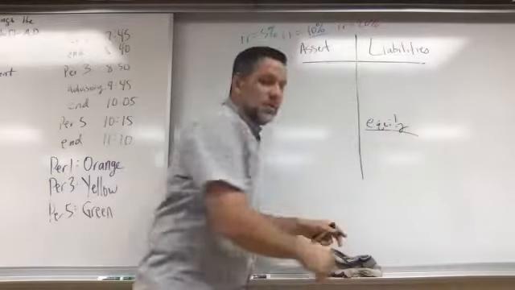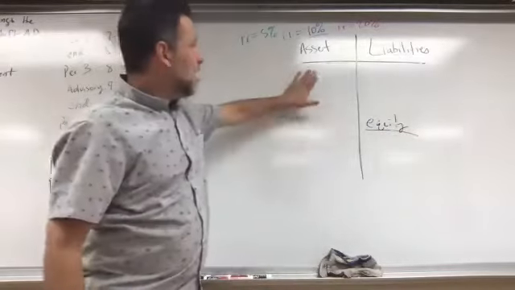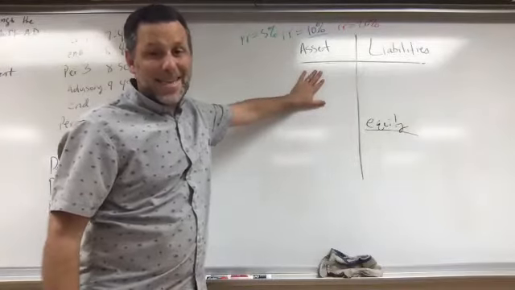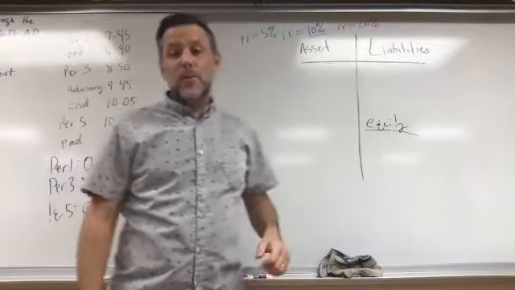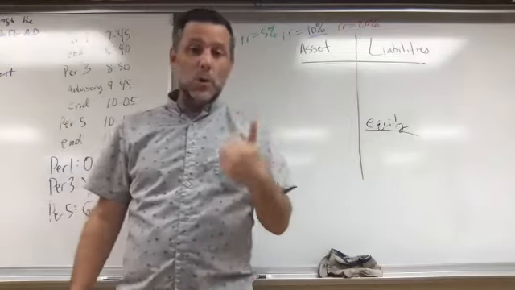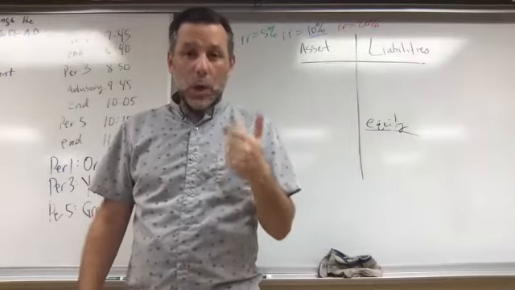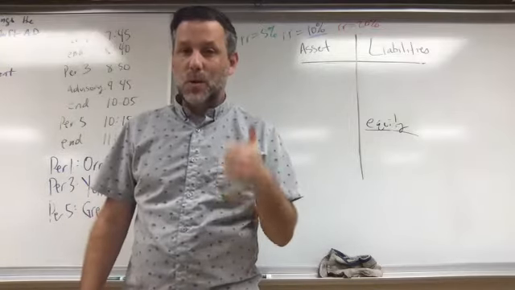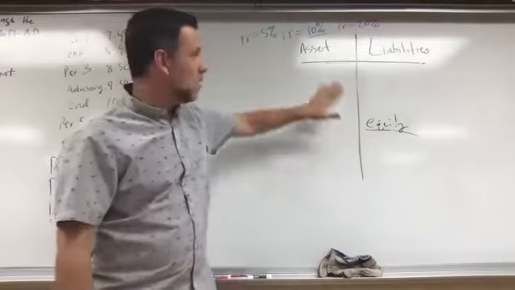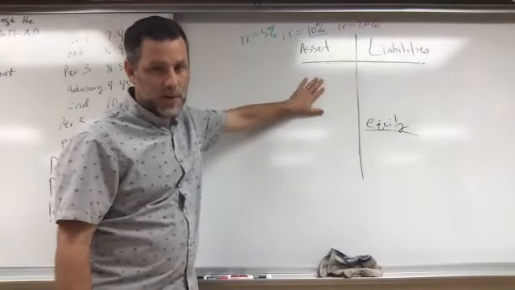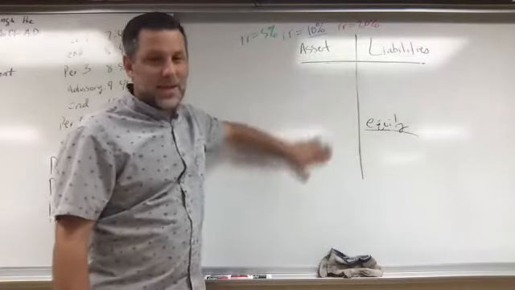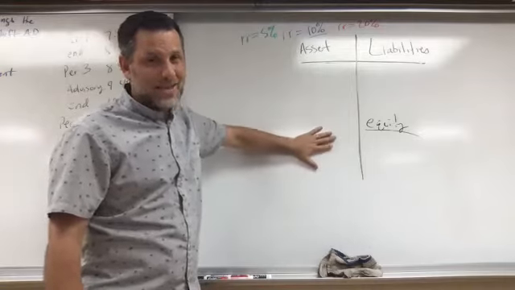But the two sides of the balance sheet, on the one hand, we have what's called assets. Assets generally are things that a business owns or is owed. That's what goes on the asset side over here. So these are the things of value that the business has.